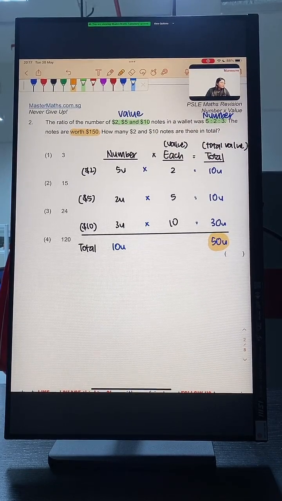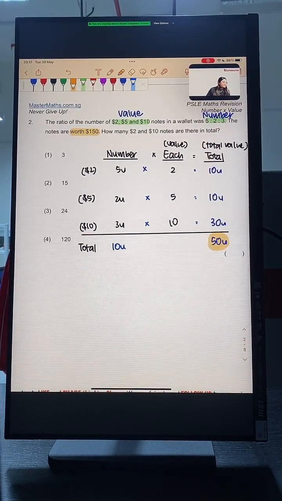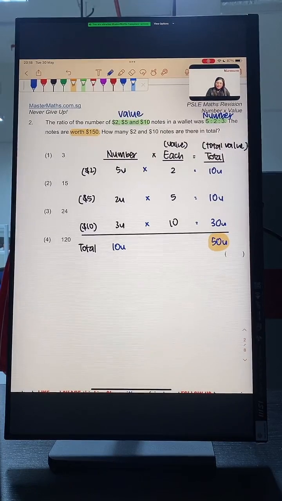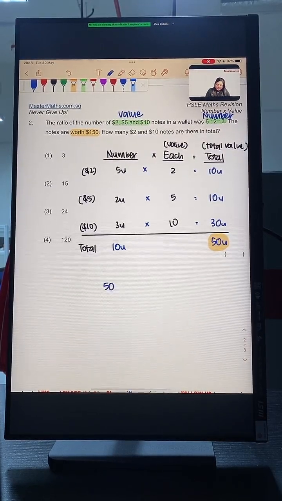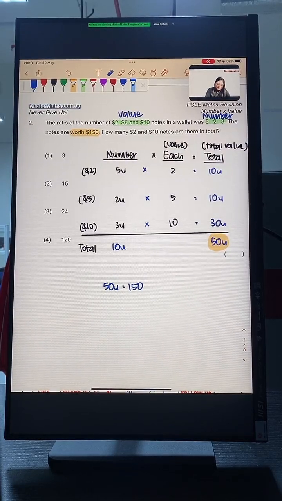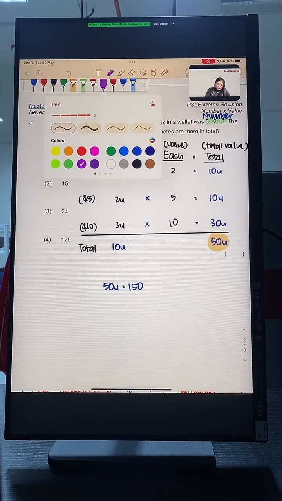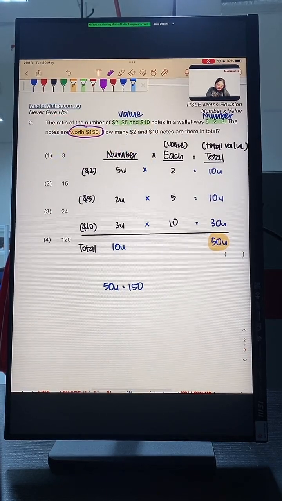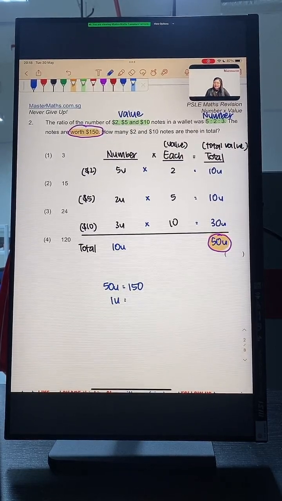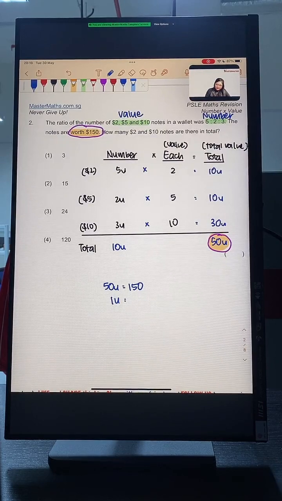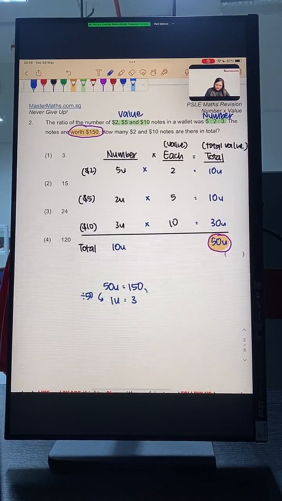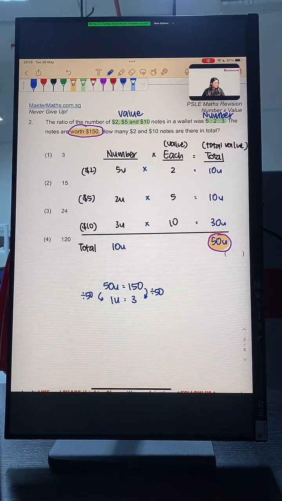So with that, I can form my units. 50 units would be $150, because my total value is 50 units and my total value is also $150. From here, I can find 1 unit: 150 divided by 50 to give us 3. So far, so good.